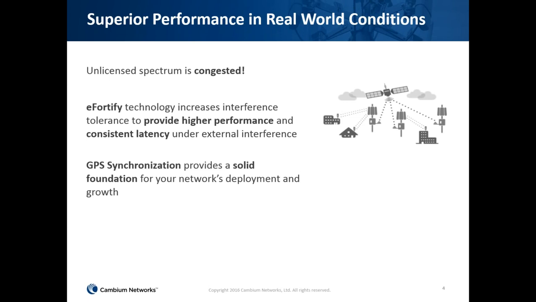Traditional Wi-Fi is a contention-based network, where each device that wishes to transmit says, hey, I need to transmit something. Is the spectrum clear at this moment for me to transmit? If it's not, I will wait a period of time and then try again.